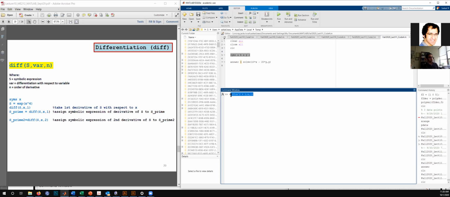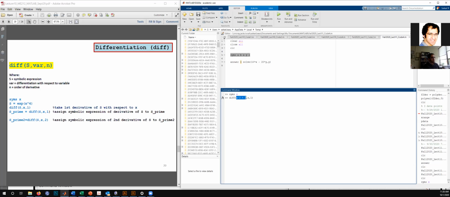But this is not all. You are still in the symbolic world, right? So what I said is the first step, even if you are working in the command window, is to tell MATLAB that this is the symbolic world. So syms x sets MATLAB up for tackling just symbolic algebraic equations. And the next step is you are trying to get that derivative. So this is the syntax.